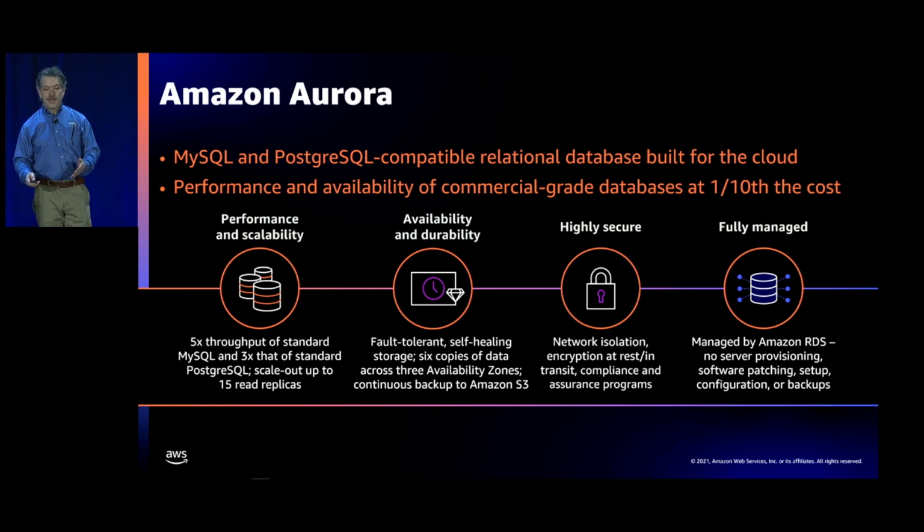At the Aurora prompt, the SQL prompt in Aurora, it looks and feels just like Postgres or MySQL. But behind the scenes, it features a distributed, fault-tolerant, self-healing storage system that auto-scales up to 128 terabytes per database. And also, each Aurora cluster has the ability to be replicated automatically across 3 availability zones.